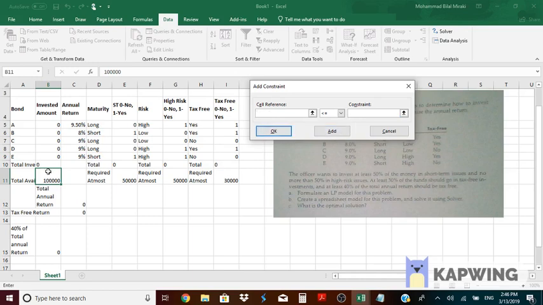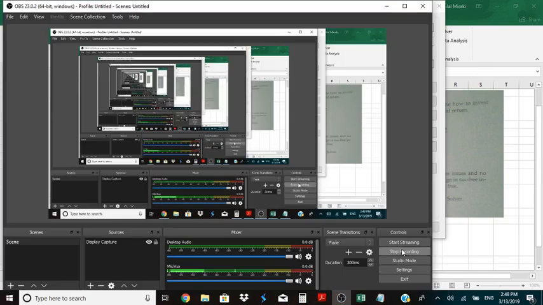And one thing else, this cell, the total investment, which is the sum of these, should be only equal to $100,000, which is this one. So the sum of these should be equal to total available funds.